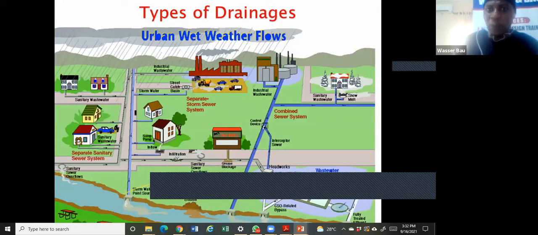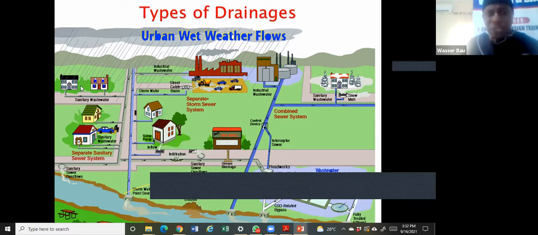After this hydrologic process, you now see the drainage system. On your left, you have the sanitary sewer lines, sanitary wastewater, which is called foul sewer, or the sewer. It comes from households. Look at these houses, they are connected to the sanitary sewer line. So this is an example of a separate sewer system.